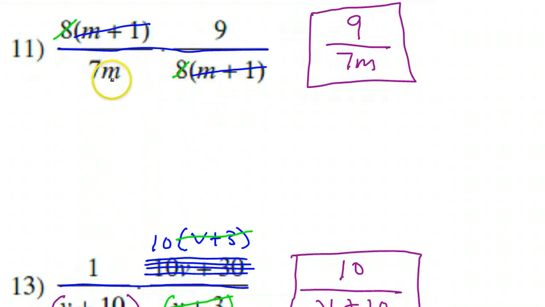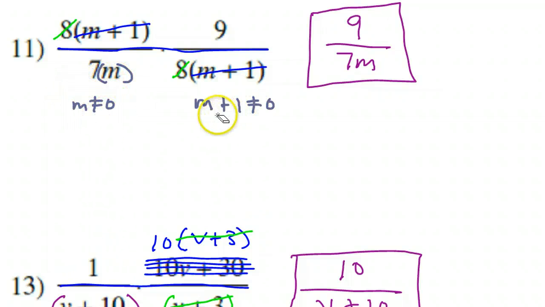Now here we have two variables in the denominator. Neither one of these factors can equal 0. So 7m cannot equal 0, and m plus 1 cannot equal 0. Really, I don't need to bother with the 7. I can treat the 7 and the m as two separate factors, and only the m is the problem.